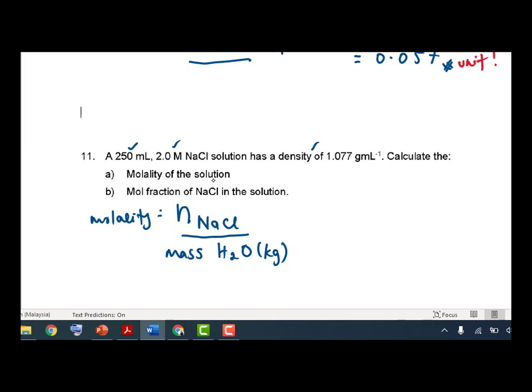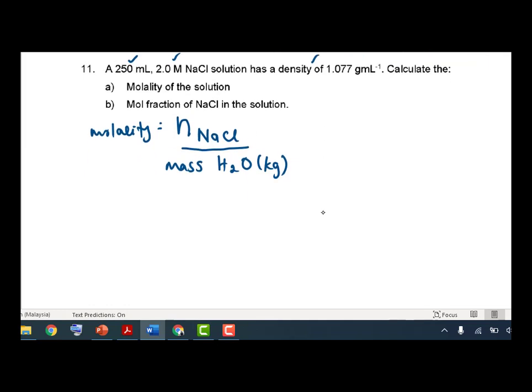Right. So how can you determine the molality? What do we have? We have the molarity of NaCl given and 250 ml. So what to do? Of course, you can calculate mole of NaCl equals MV per 1000.